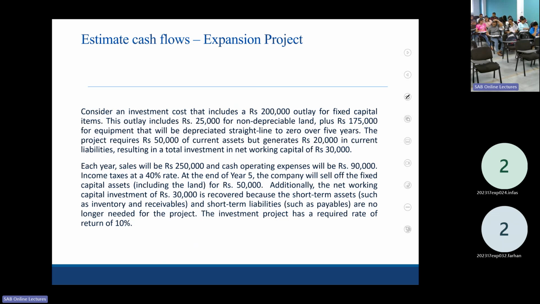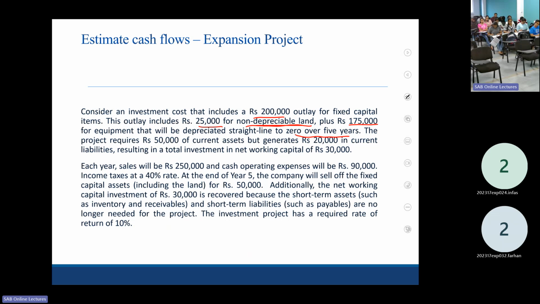Consider an investment project. First is a 400,000 rupees outlay for fixed capital items. This outlay includes 25,000 non-depreciable land plus 175,000 equipment that will be depreciated on a straight line basis over 5 years.